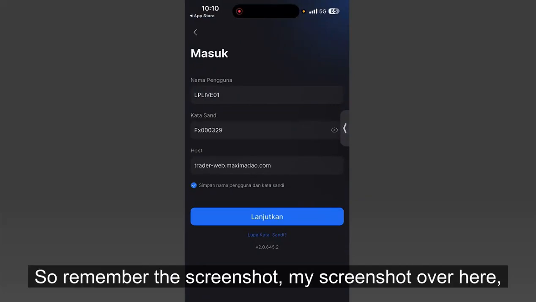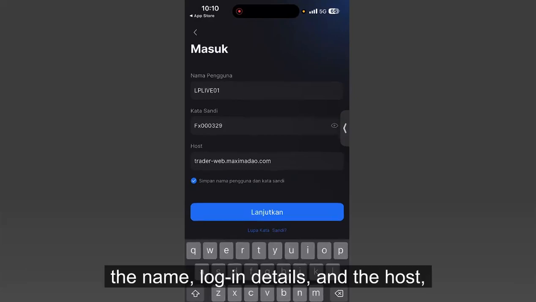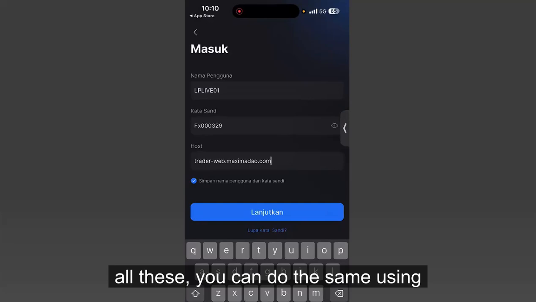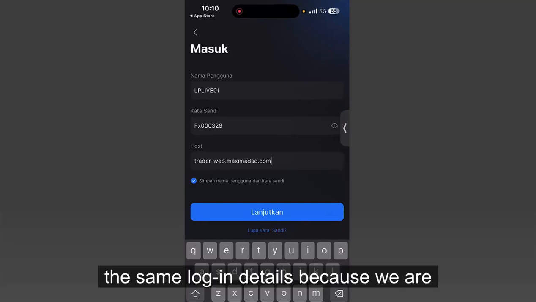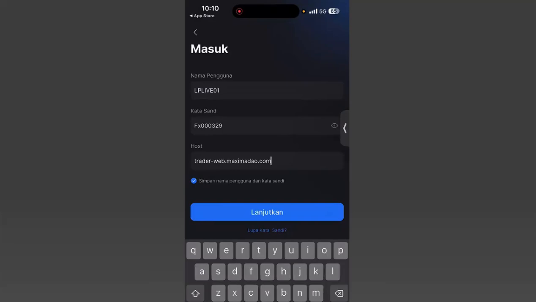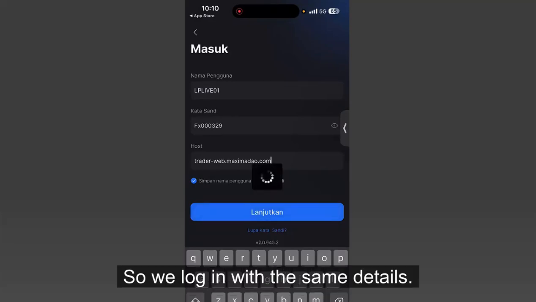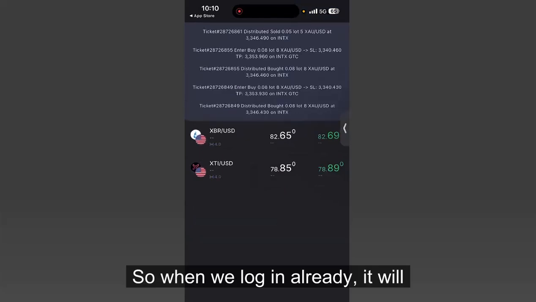So remember my screenshot over here, the name, login details, and the host. You can use the same login details because we are under the same umbrella. So we log in with the same details. When we log in already, it will show us this page.